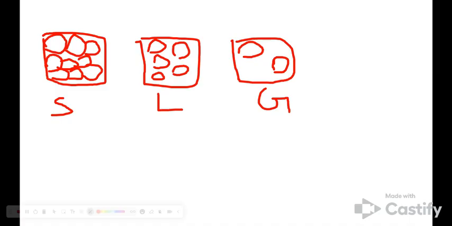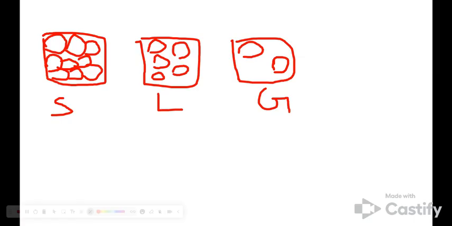Let's look at the characteristics of the three states of matter. Gases fill any container you put them in. Gases expand to fill the entire volume. The particles are arranged randomly and move in constant random motion.